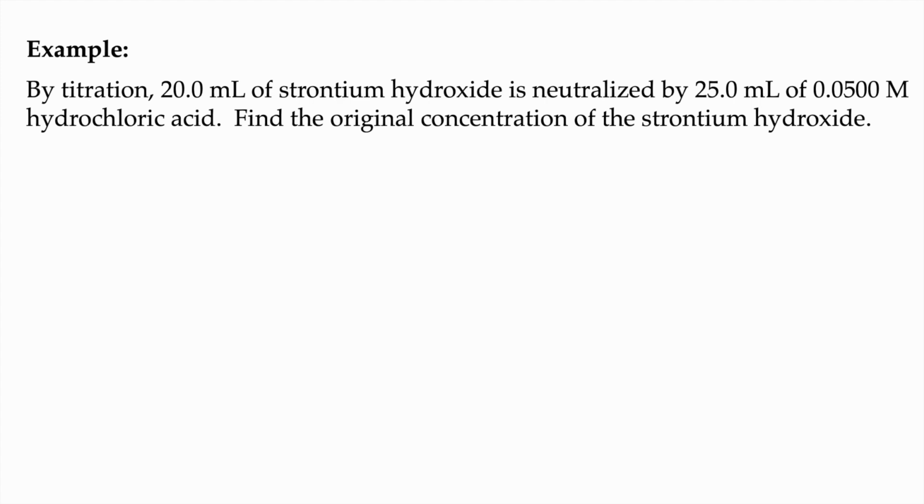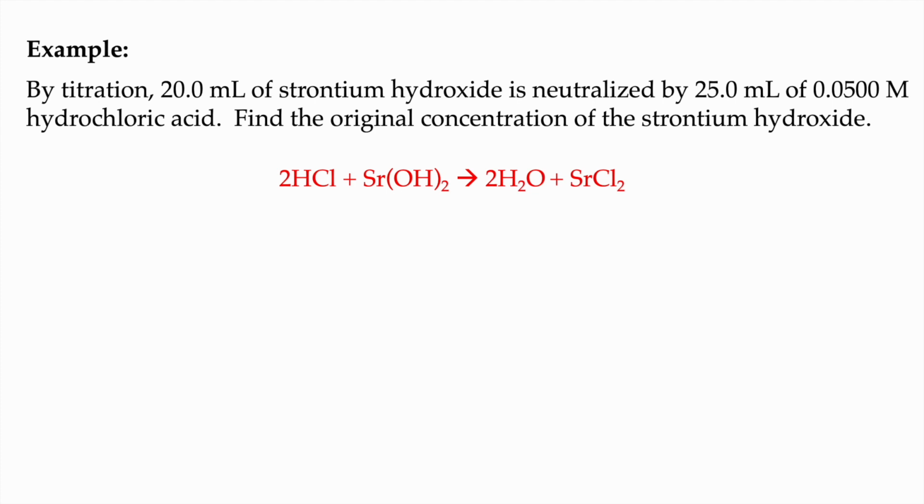Anytime we're doing a titration equation, the very first thing we must do is write a balanced chemical equation for the reaction. So in this case, hydrochloric acid, HCl, is reacting with strontium hydroxide, Sr(OH)2. The products are going to be water and strontium chloride, and then we balance it by putting a coefficient of 2 in front of hydrochloric acid and water.